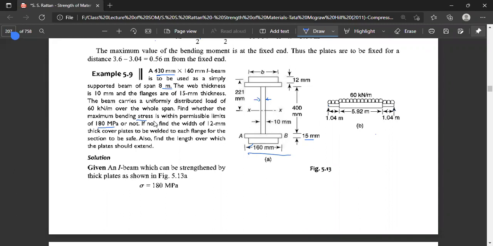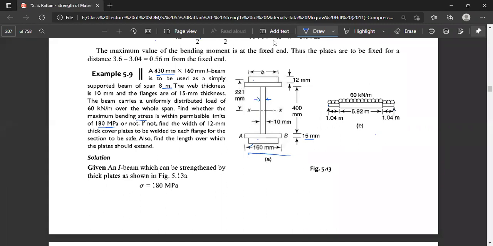It is to be attached to both flanges, here as well as here, to make the flanges strong enough. And we have to find the length over which the plate is supposed to extend. Either it is extended up to the full length of 8 meters, or a part of it can be extended to give the required strength, which we are supposed to decide.